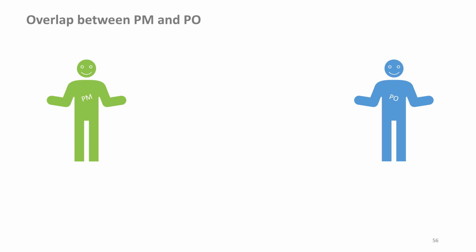The overlap between product manager and product owner. Where there are similar roles with partial overlaps, as seen on the slide before, there can also be conflicts. The advice is generally to divide the points mentioned so far according to strengths and weaknesses.